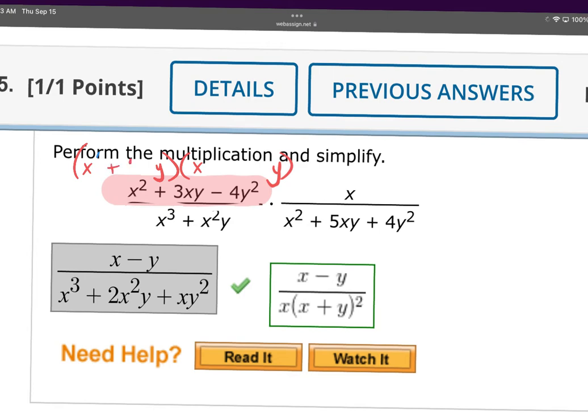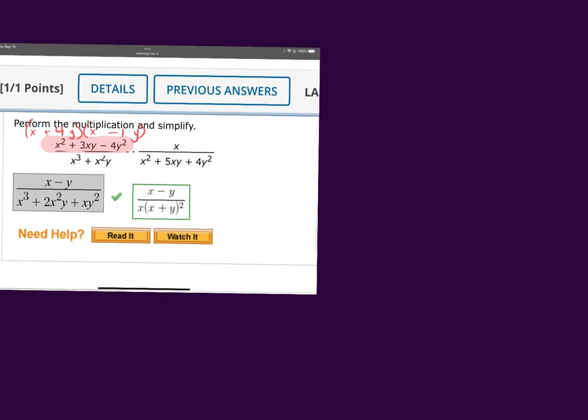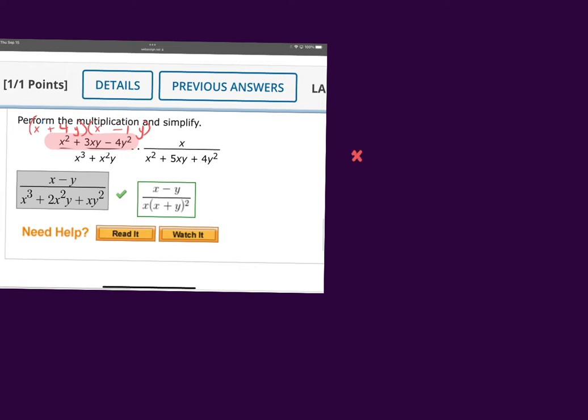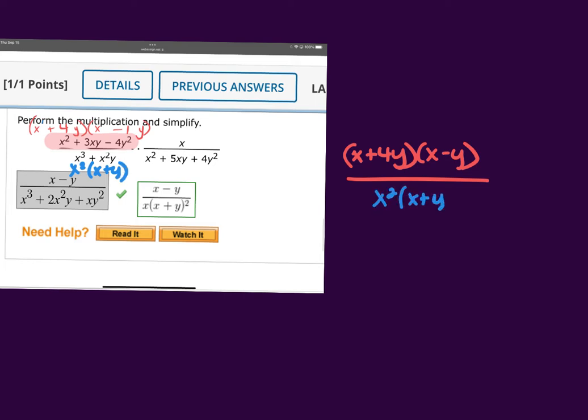So I'm saying positive 4 and then negative 1. So that's the top one: (x plus 4y)(x minus y). Underneath it, I have a greatest common factor, x squared, and then it'd be (x plus y). So x squared (x plus y).